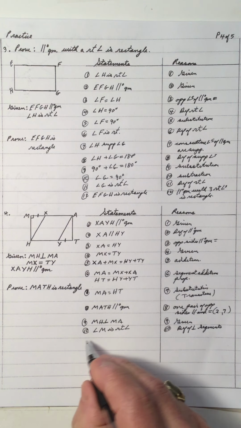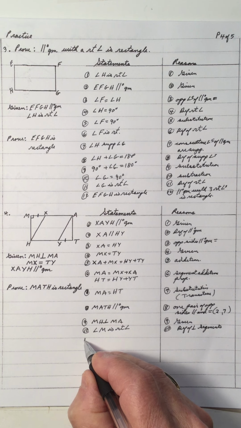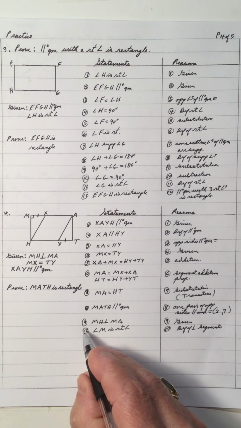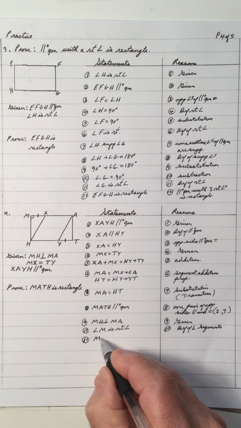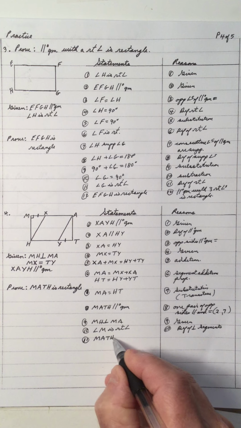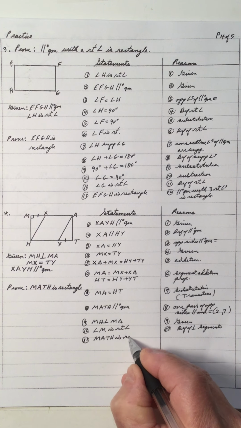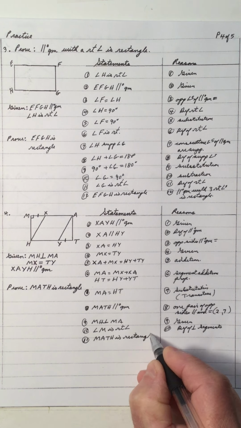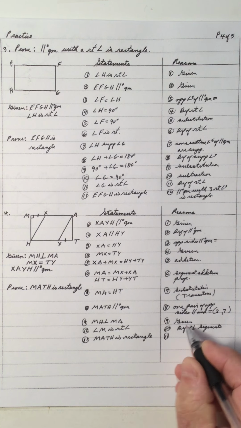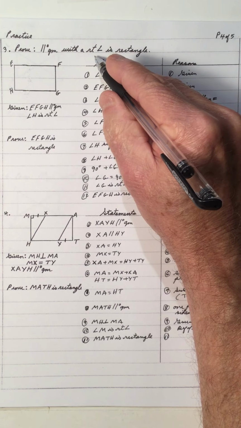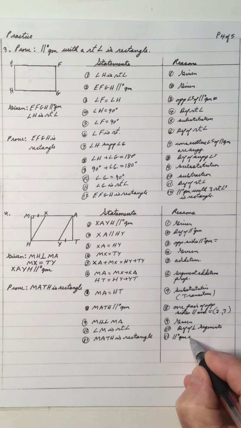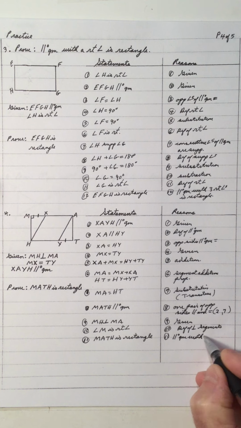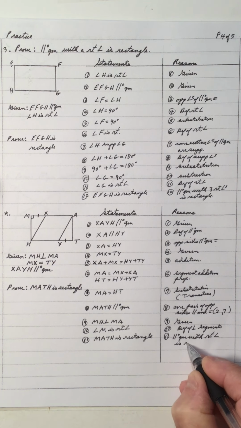Lines or segments that are perpendicular form right angles. As a result, we have a right angle. That means that MATH is a rectangle. The reason? There it is up there: a parallelogram with a right angle is a rectangle.